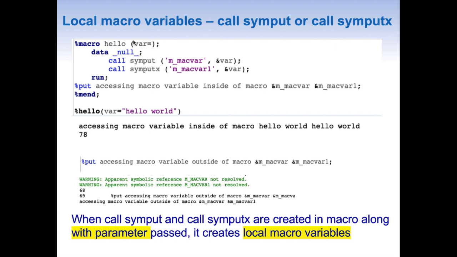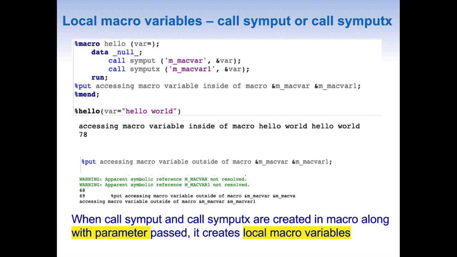It does not matter what the parameter is. If this macro has a parameter, this parameter will create a local symbol table, and this local symbol table will help these two macro variables to go into the local symbol table.